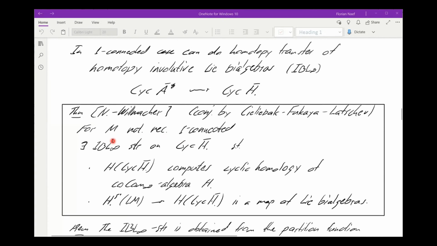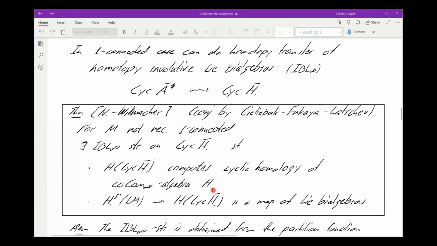Or here, more precisely, now we can take M maybe not necessarily simply connected. So the statement is there exists such an involutive Lie algebra structure up to homotopy on these cyclic words, such that if you take homology of everything, then this still computes the correct cyclic homology.